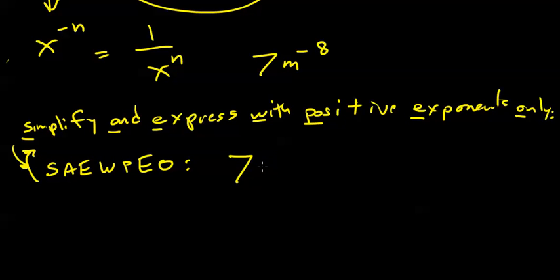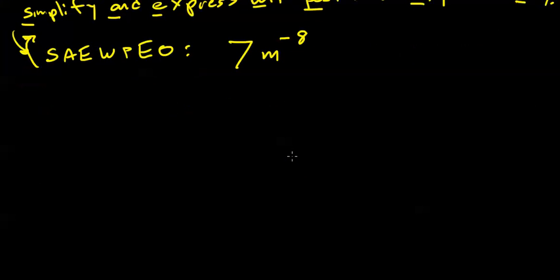So if I want you to simplify and express with positive exponents only 7m to the minus 8th power, what will you return? Well, I think what the author is getting at with this problem is we have to perform the exponent operation first, then I'm going to worry about the multiplication. Well, the idea here is the 7 does not go for the ride here.